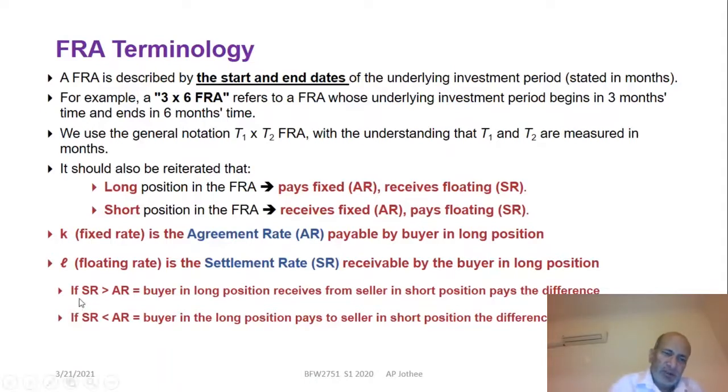If SR is more than AR, that is, if the floating settlement rate has become higher than the agreement fixed rate, the buyer in the long position receives the difference from the seller in the short position. If the SR is lower than AR, then the buyer in the long position pays the difference to the seller in the short position. That is the difference there. See, FRA works like that.